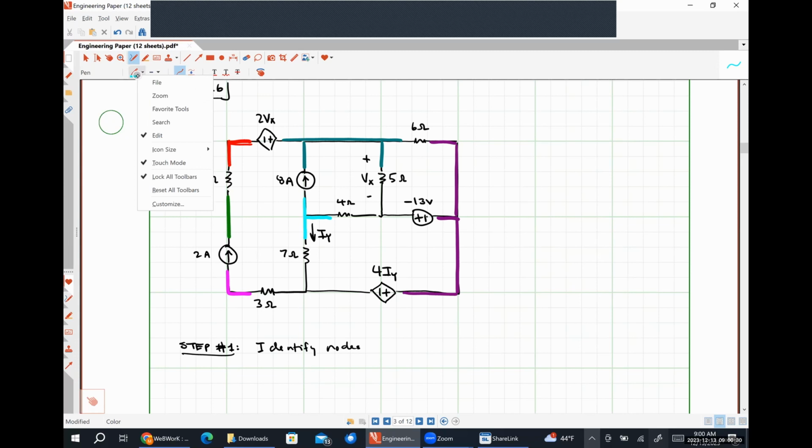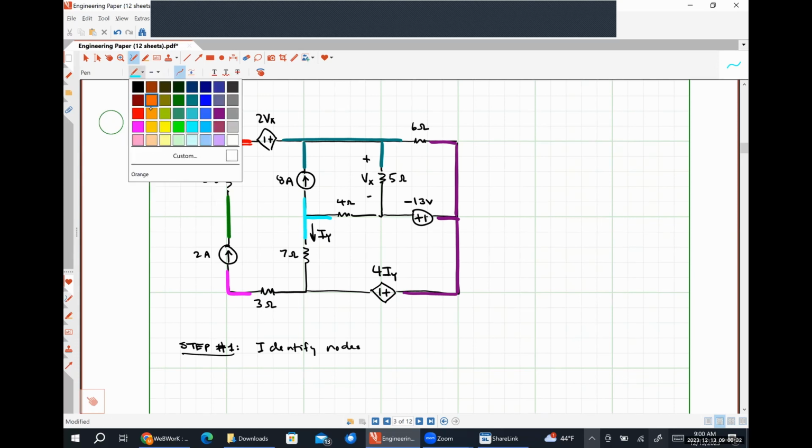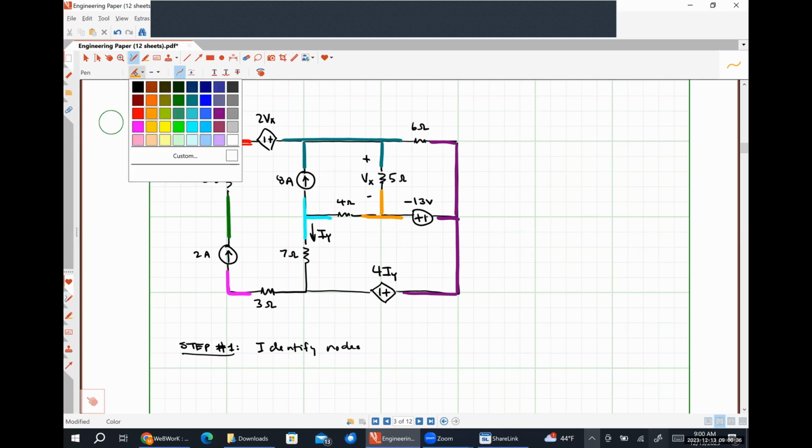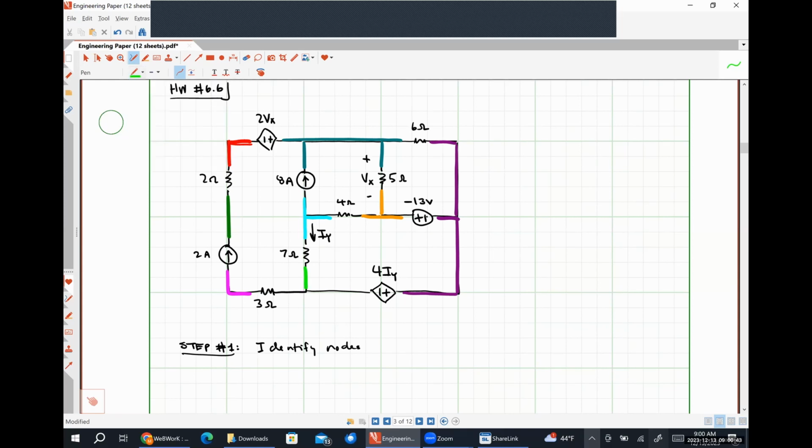This node. This node. And we'll do this bright green. Can you all differentiate the different colors? Okay. All right, so we have however many nodes that is. I didn't bother to count, but it's a lot of them. Okay.